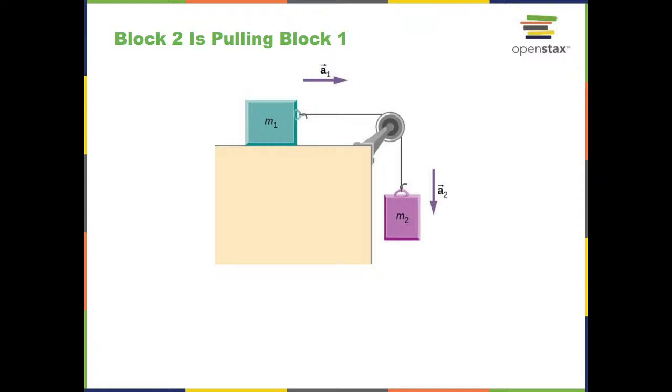So what is the free body diagram for both block 1 and block 2 in this case? Take a minute to think about that. You can talk to your neighbors about what forces are applying, and draw a free body diagram for both block 1 and a free body diagram for block 2.